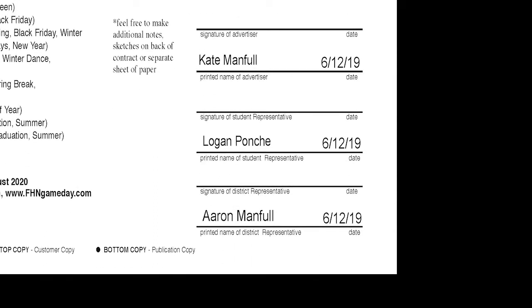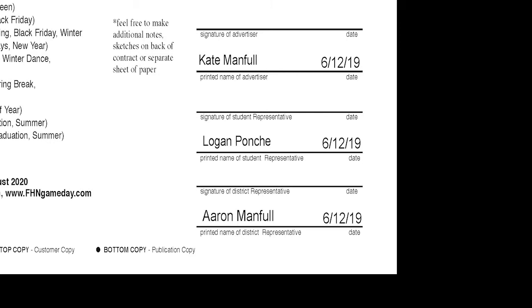Then the last thing there, we just need to write the people's names on there. You see the printed name of the advertiser and date it, the printed name of you, the student representative who sold the ad, and at the bottom, me or Ms. Keel will be signing and dating all the contracts as well. So make sure everybody signs the contract so we are all good in there.